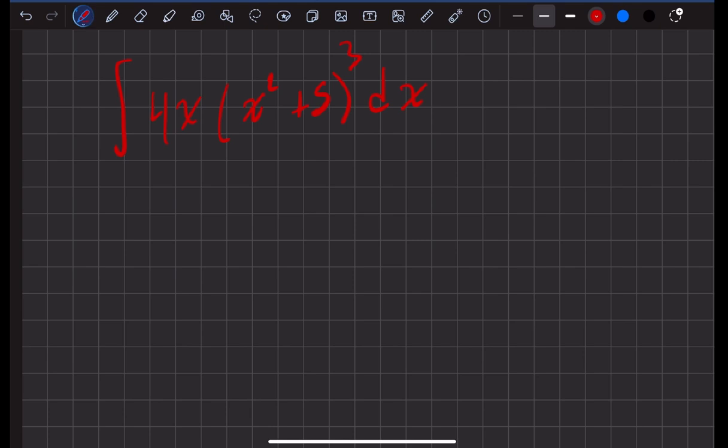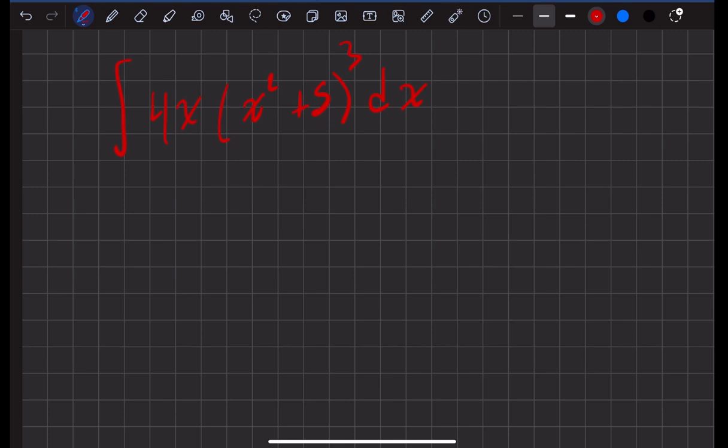So on basic looking at this problem, we're trying to integrate 4x times (x squared plus 5) to the third power. And an integration for right now is we're just trying to find the antiderivative of whatever this equation is. Our methods of doing so are right now difficult to do just based off of looking at it.